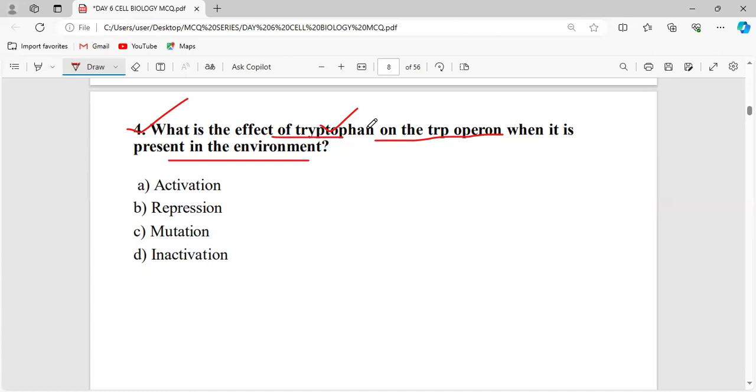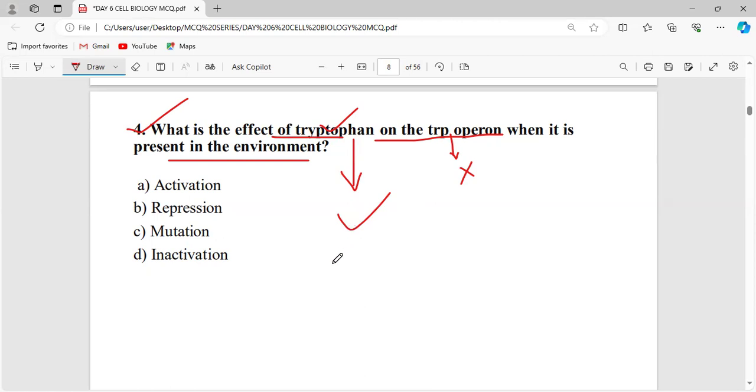Okay, because if it is present in the medium, definitely the tryptophan operon will be turned off. That is why we are calling this tryptophan operon a stop operon. Okay.